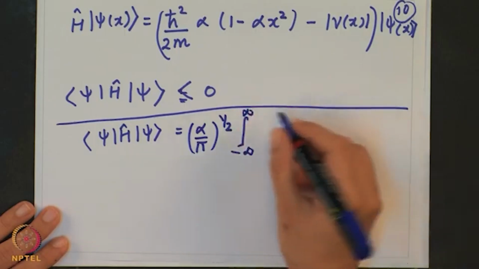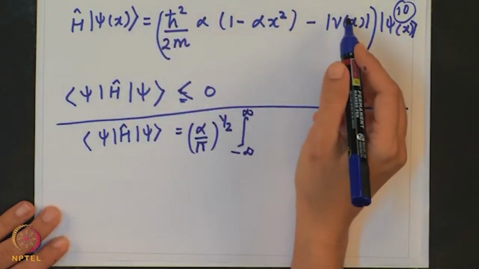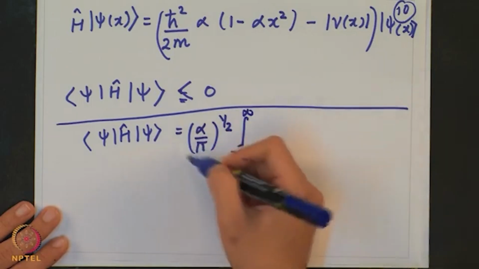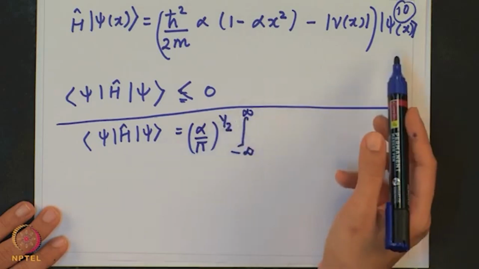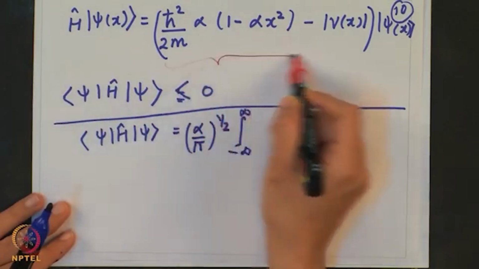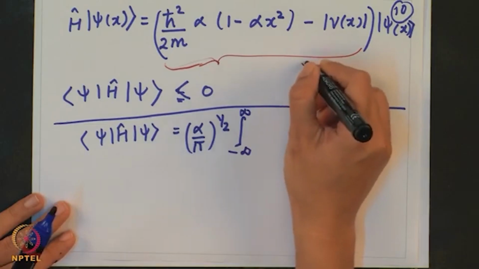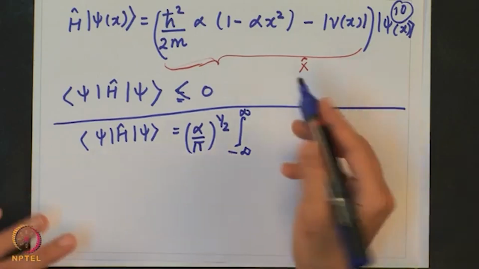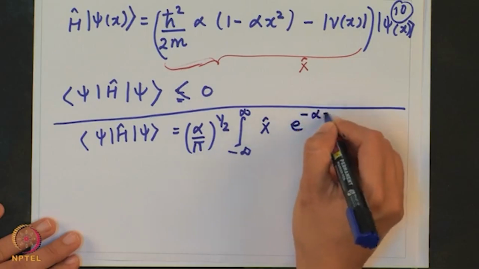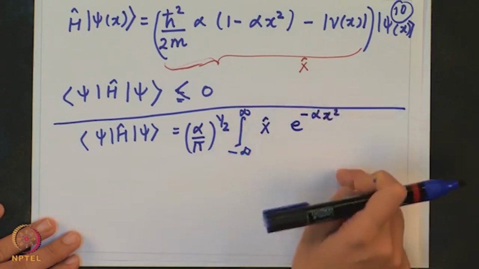So, from minus infinity to infinity, I have this entire expression, and I have psi star psi. Psi star psi, one part I have already written. So, you will have e raised to minus alpha x square. This entire thing would come here, and then you have to perform the integration.